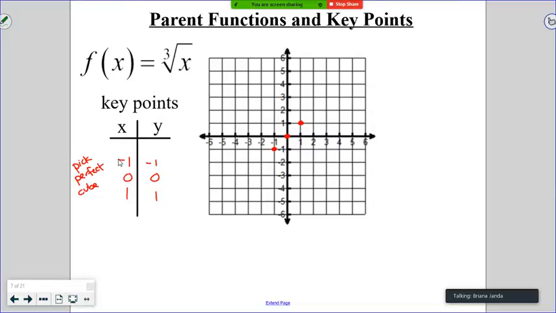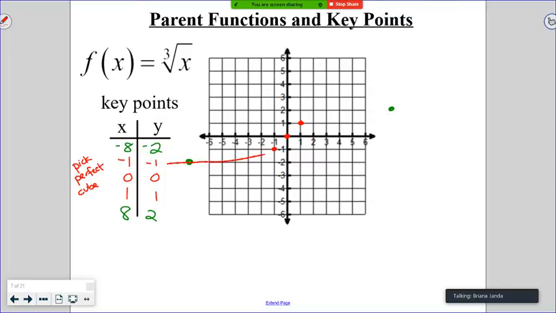My other perfect cubes, does anyone know what the next perfect cube is after 1? 8 and negative 8. Cube root of negative 8 is negative 2. Cube root of 8 is 2. Again, kind of runs off my graph here, but negative 8, negative 2 would be somewhere about here-ish. 8, 2 would be about here-ish, and you can see that this graph then increases very slowly.